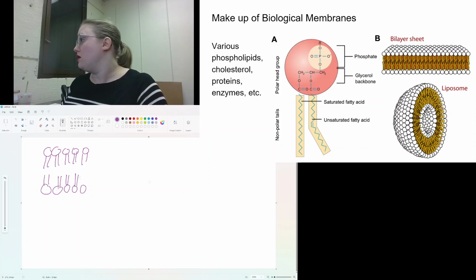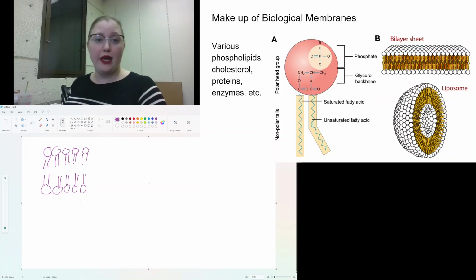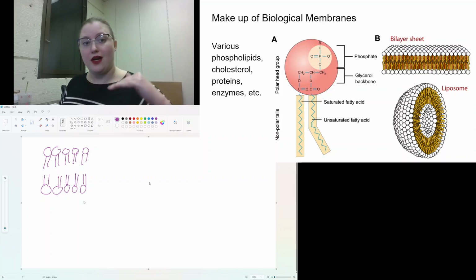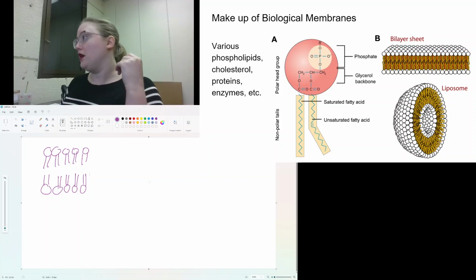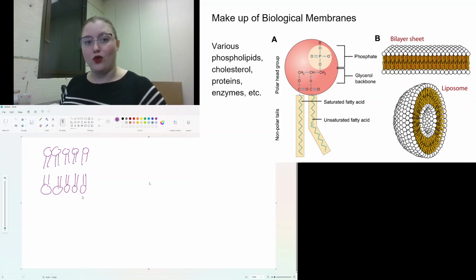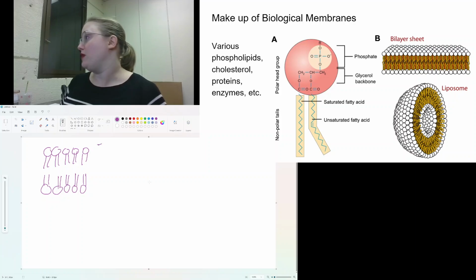So the head of the phospholipid is going to be facing either side, either outside of the cell or towards the cytoplasm. So this would be the external facing leaflet, and this would be the cytosolic facing leaflet, the cytosolic leaflet.